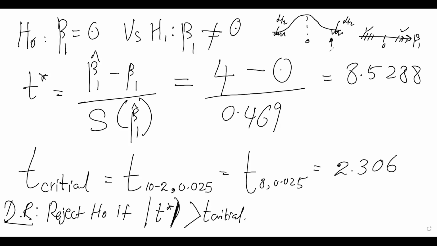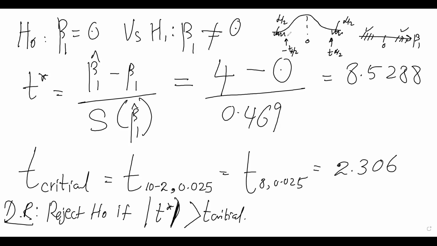What is the value here? T alpha over 2. You can either say T at 1 minus alpha over 2, or, just because of the symmetry around 0, you can say negative T alpha over 2, the negative value of this, right? So actually the decision rule is reject H naught if your calculated test statistic value falls either here or here.